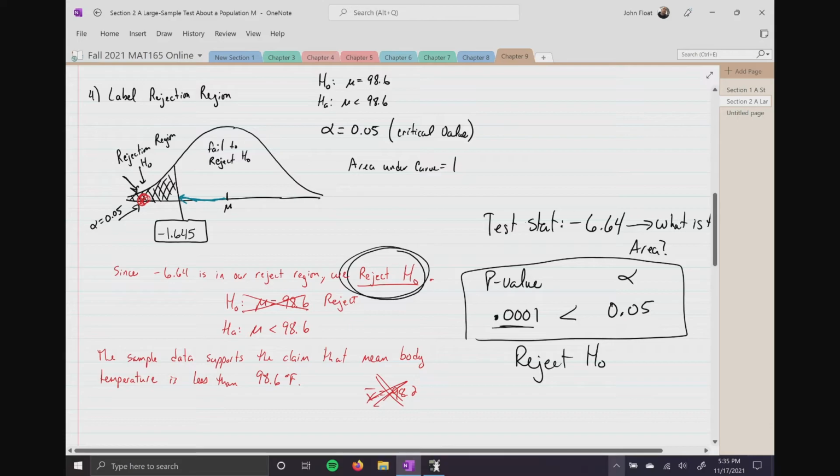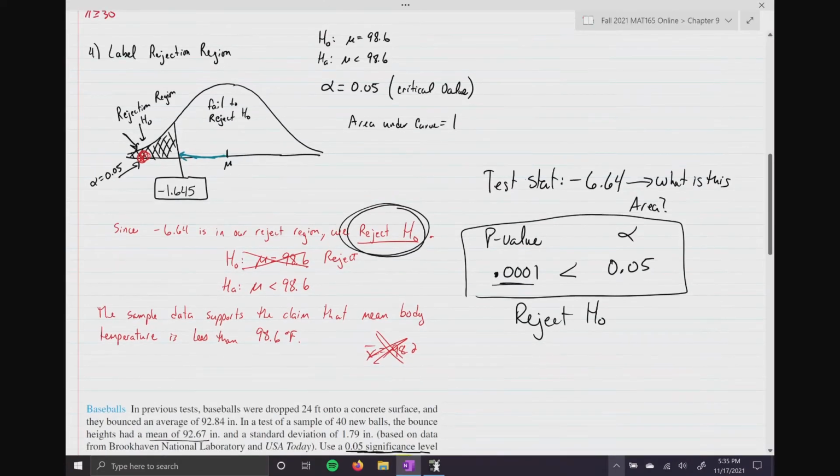Some of you may be asking yourself, if you told us we can use the p-value method with technology, why did you use the table? Well, number one, I use the table because it's really easy and readily available. And I can show you this using technology too, and I'm going to do it right now.